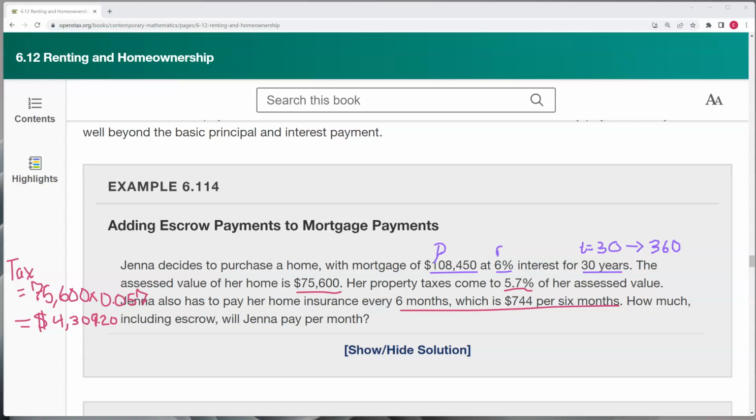Now, that's for the whole year. So to find how much it's going to be added to her monthly mortgage payment, we divide that by 12 to make it monthly, and we're looking at $359.10.